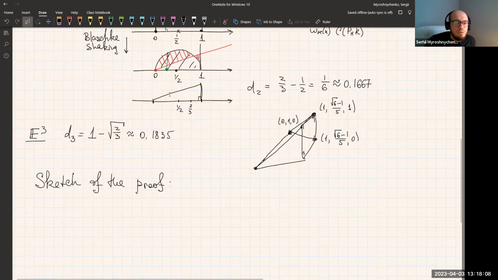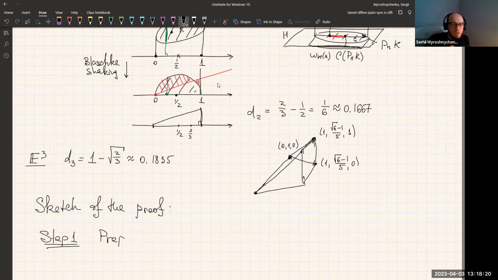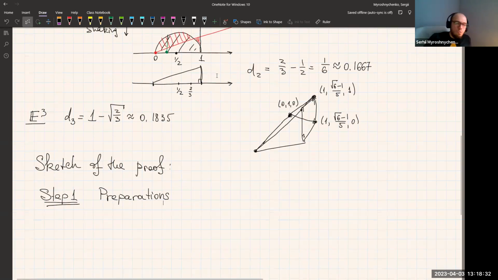All right, so step number 1. I'm going to try and give the steps some names to keep things smoother. So this is kind of preparations. We are going to prepare our body for some cooking, to put it in the right position so things work out. So what are the preparations that we are allowed to use?